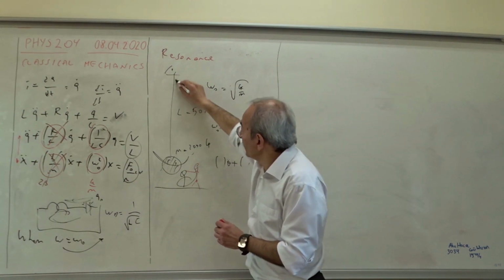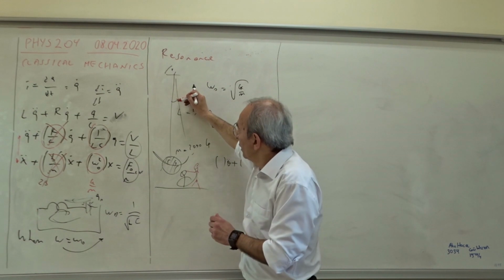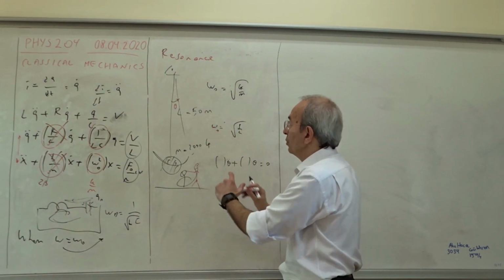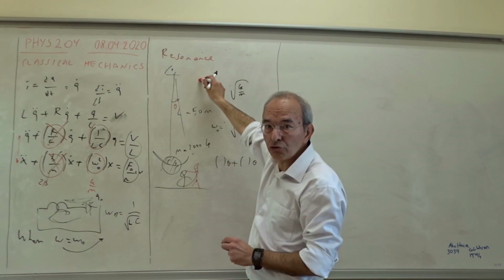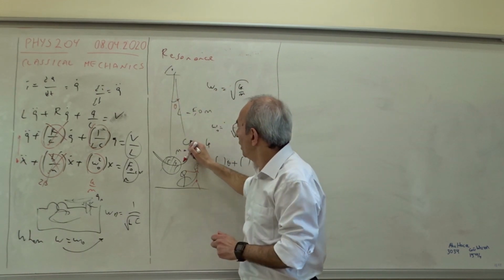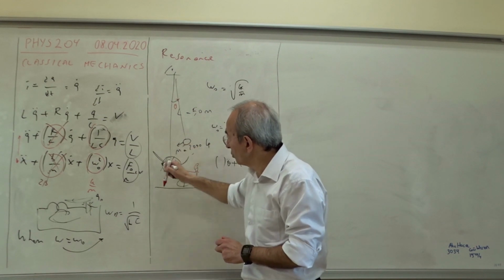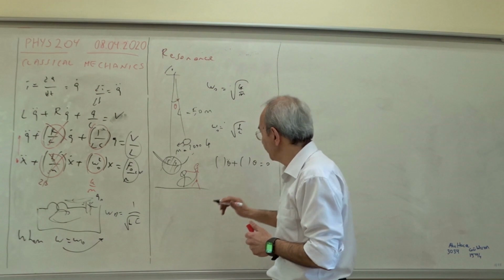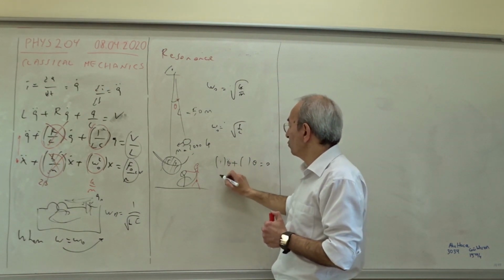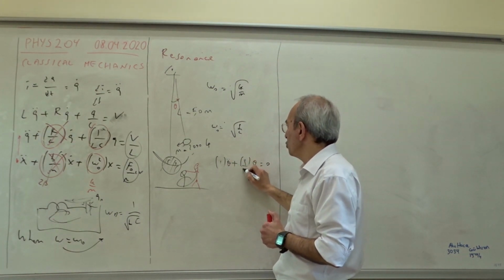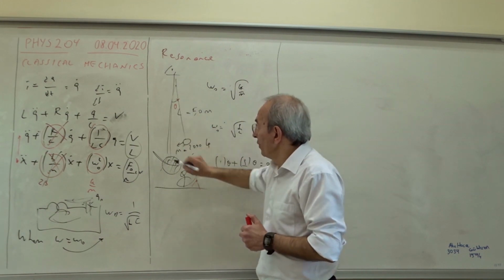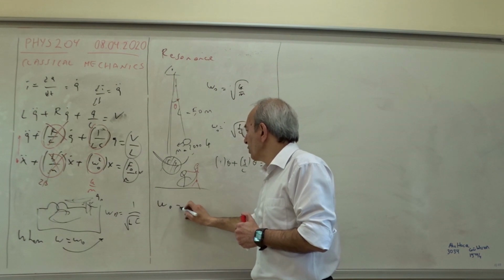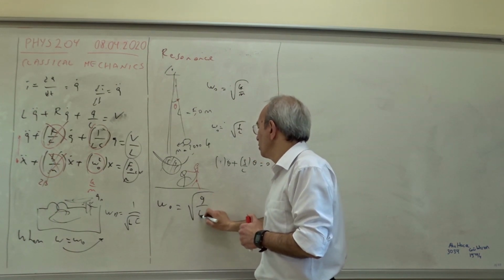Theta was the angle measured from the vertical, and this was a negative term because theta is increasing counterclockwise, but this term is trying to restore it, so it is a negative theta dependence. We take it to be 1, and that is g over L. L is the length, g is the gravitational acceleration. So omega 0 is just root g over L.